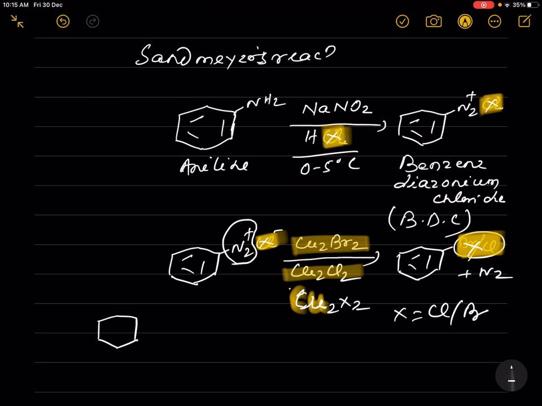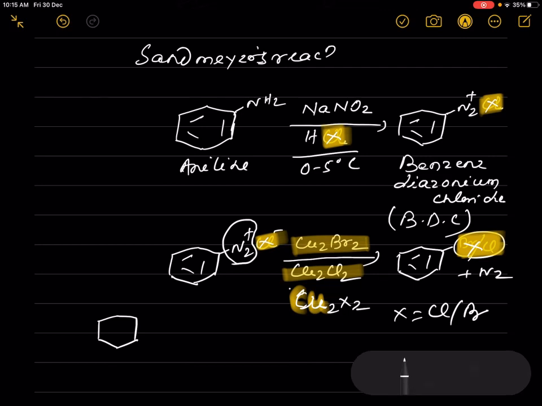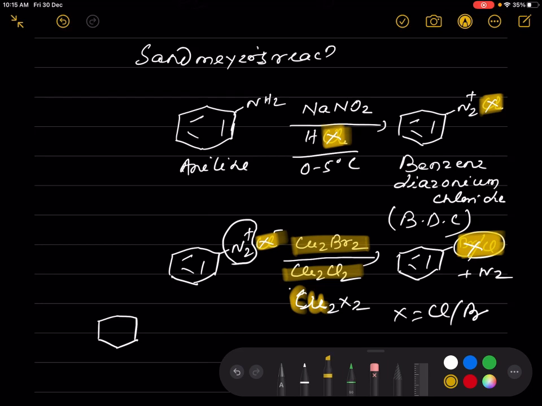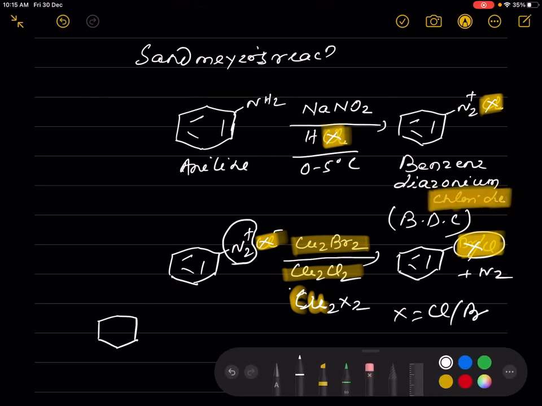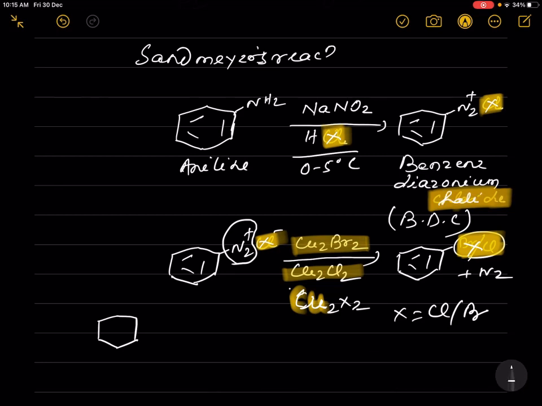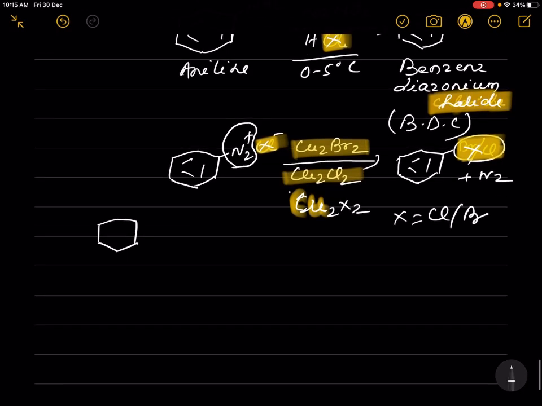When aniline is treated with sodium nitrite and HX, it gives benzene diazonium halide.